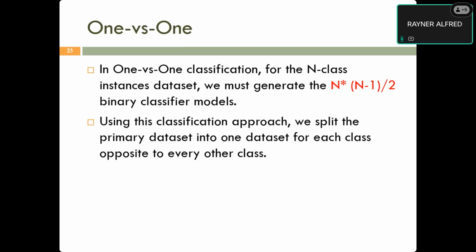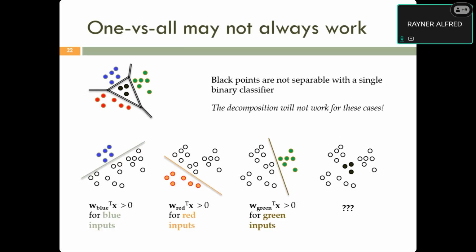Because of that, they introduced this 1 versus 1. So 1 versus 1 will be able to solve this problem. And they said that if you have, going back to here, how many classes do you have? 4, right? So your n is 4.